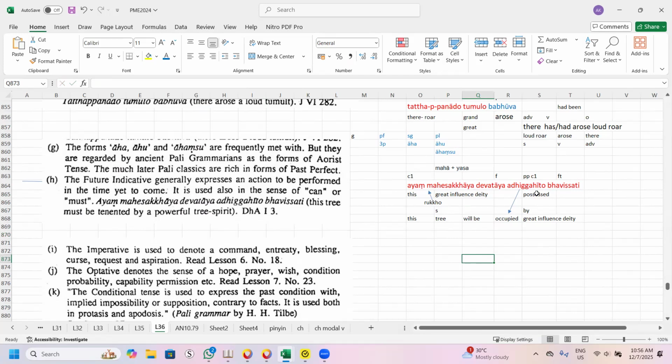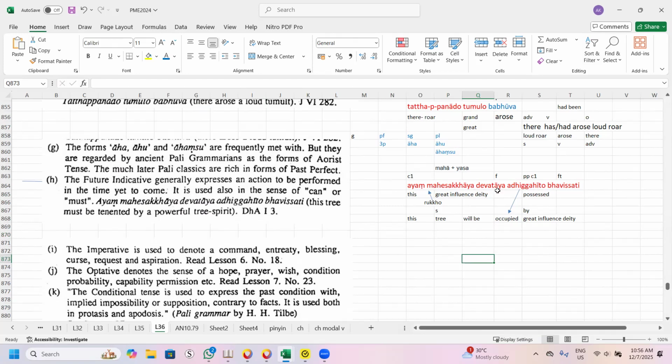The word is 'possess'. Can you see? Adhikahita, if you check the dictionary, it says possessed. So I think you should change it to occupied. Here you use the word tenanted. A tenanted house is where you rent out your room to a tenant. So in this case, we say occupied. So we change a bit here. The dictionary says the tree will be occupied.